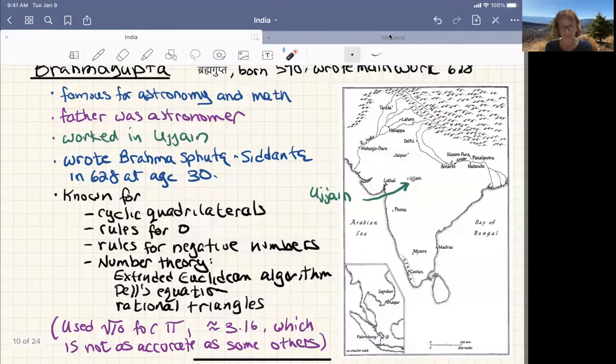Now, he used the square root of 10 for pi. And when you calculate the square root of 10, what you get is about 3.16. So it's not really the most accurate value for pi that we've seen up until now in this course.